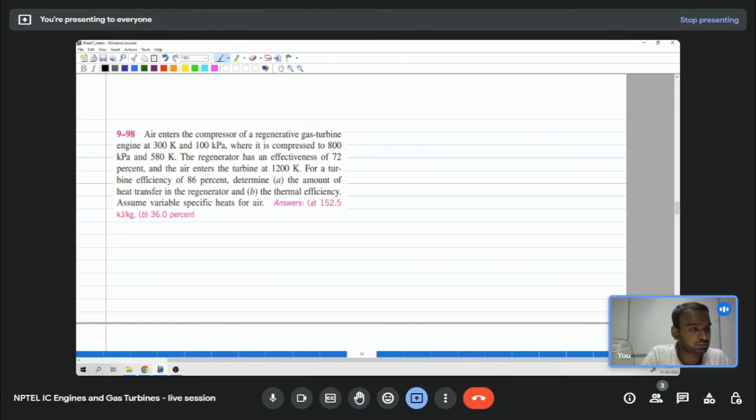Okay, so here they have asked to use variable specific heat, but I would solve with a constant specific heat. Initially air enters the compressor at state 1, P1 is 100 kilopascal, and T1 is 300 Kelvin.